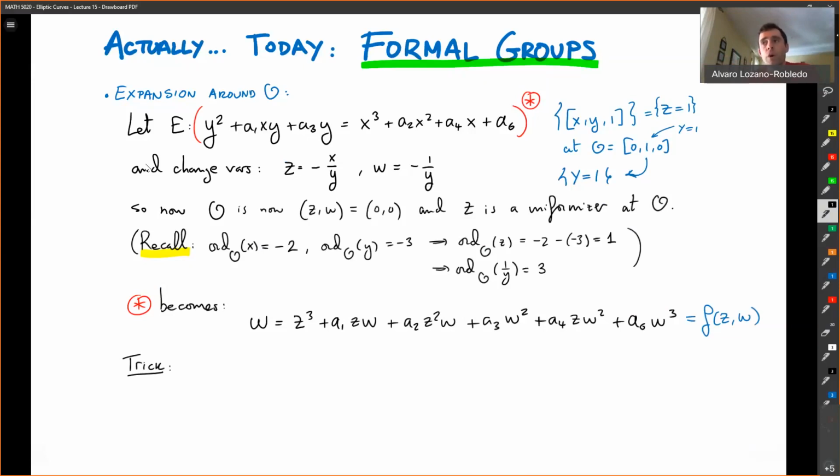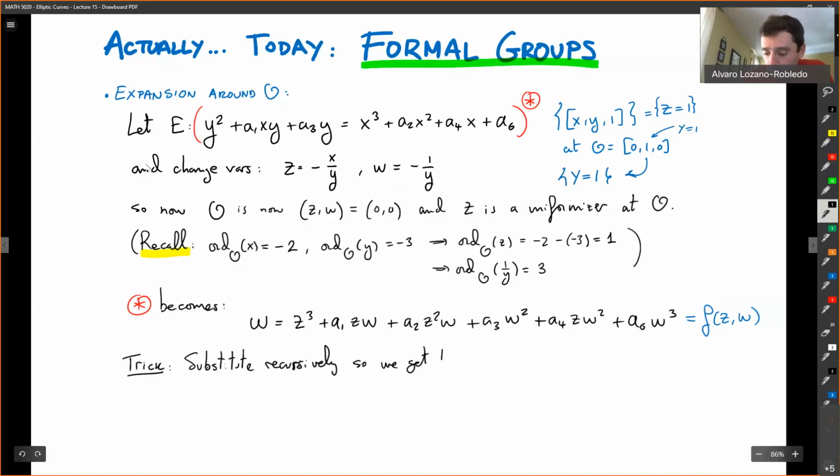And as I keep going, I'm going to be able to essentially eliminate the W coordinate. It's all going to be W as a function of Z. So here's what we're going to do. We're going to substitute recursively, so we get to W is W of a variable Z.